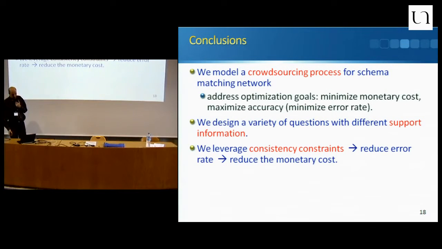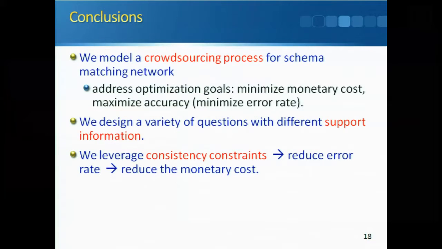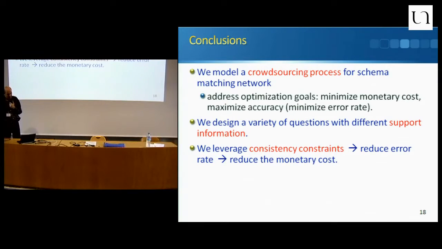Okay, so I would like to conclude the talk here. We analyzed the schema matching problem, in particular in a network environment. We assume pairwise matchings, and we assume some natural constraints in the network.